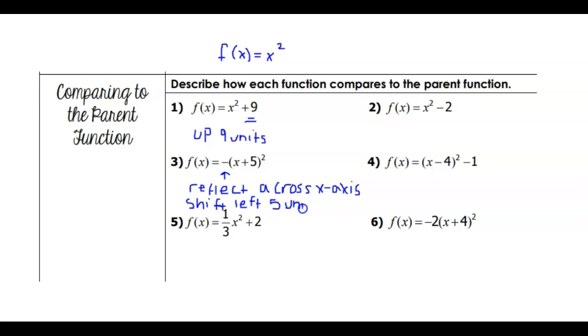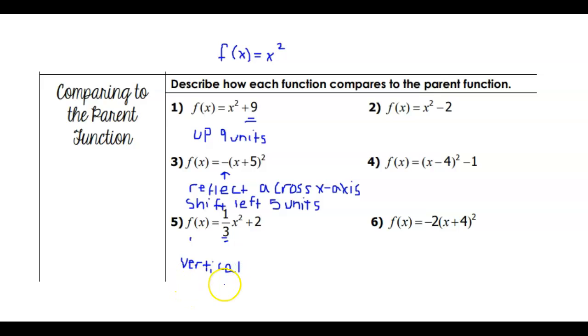Okay, let's do the last one and then I'll just send you on your own. You are definitely pausing the video this time. Number 5, I have an a here, right? So this is going to be a vertical compression, because this is 1/3, which is between 0 and 1.